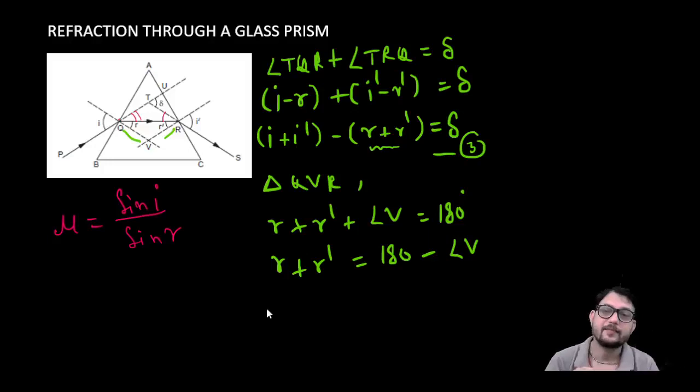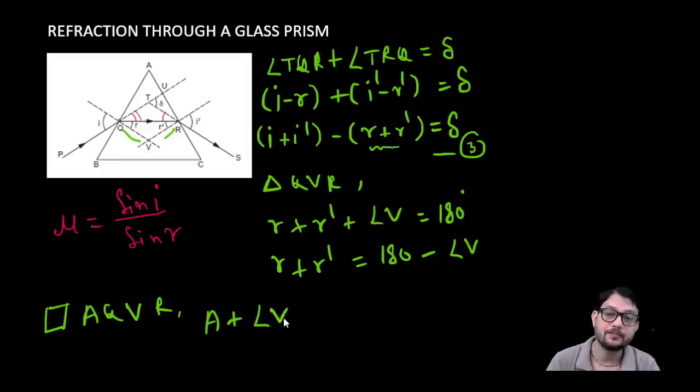If we see, a cyclic quadrilateral is there, and that is A Q V R. This is a cyclic quadrilateral, so we can simply write that A, the angle of prism, plus angle V is 180 degrees. It means A must be equal to 180 degrees minus angle V.